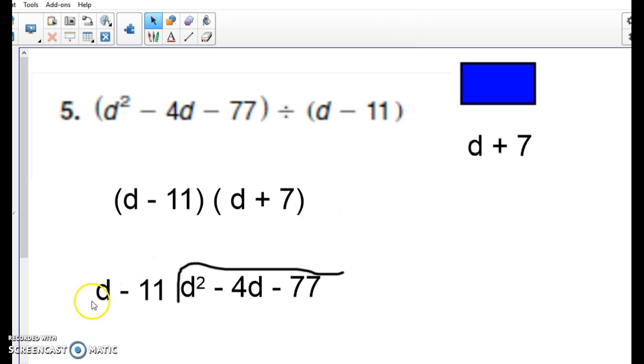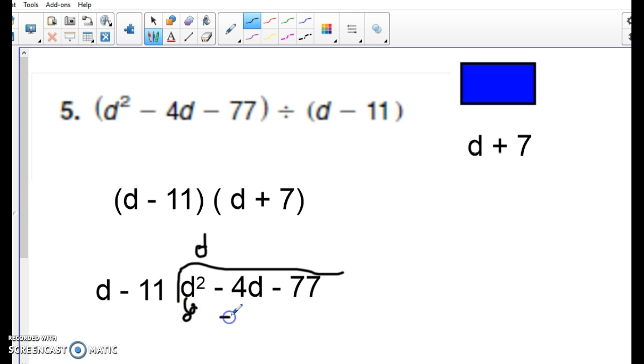I'm going to think, from d to d squared, I need to multiply this whole thing by d. So if this whole thing gets multiplied by d, I have d squared minus 11d. And then I have to subtract, because this is what happens when I do division. So negative 4d minus negative 11d gives me 7d minus 77.